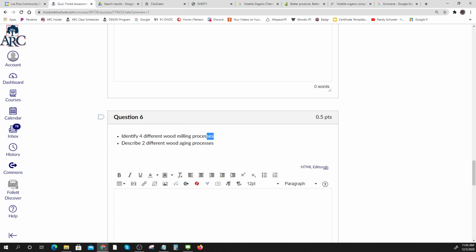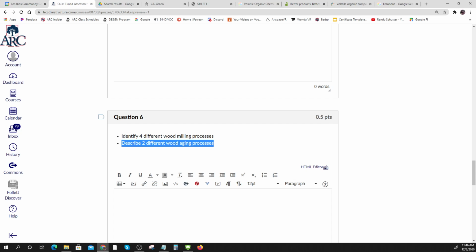And then talk about 4 different wood milling processes. There was cant sawing, and I don't even remember them off the top of my head, but there's different milling processes, and you just have to identify those. You don't have to explain them, just identify 4 different milling. There's quartering, cant sawing. I'm just blanking right now. And 2 different aging processes.